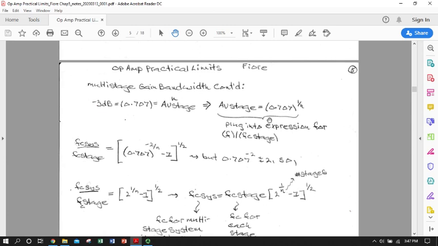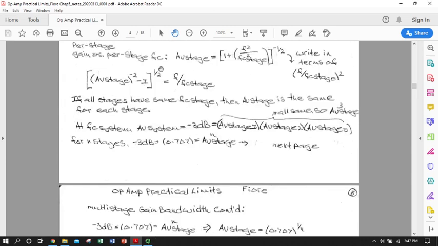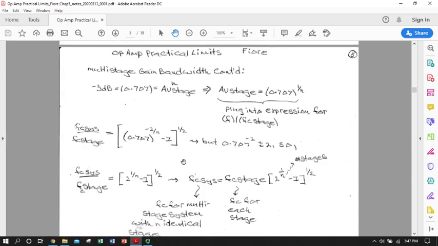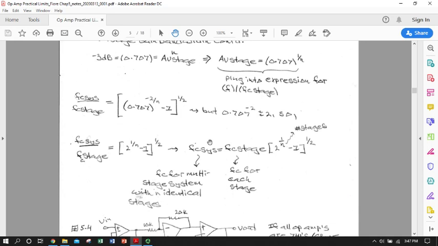You can step through the derivation. It's not that many steps if you're interested in the math, but it relies on the fact that each stage will have its own gain at the upper break frequency equal to the midband divided by 2, and that's why you end up with this 2 raised to the 1 over n.